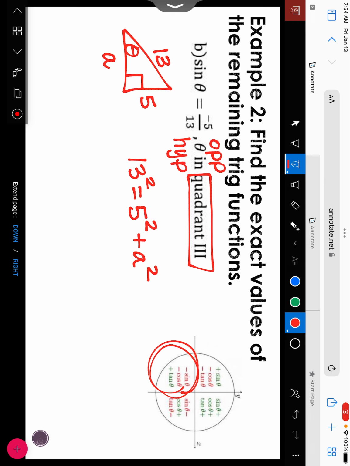Okay, so this might be a little tricky because you don't get a calculator, but 13 squared is 169. Do you know your perfect squares? Okay, what's 5 squared? 25. Now go ahead and subtract 25.